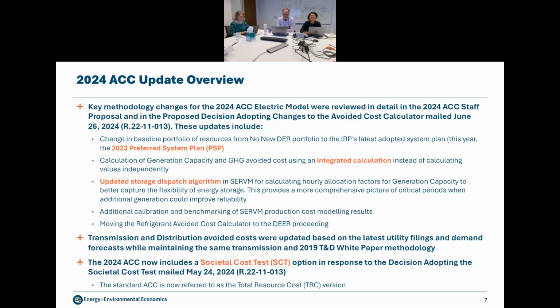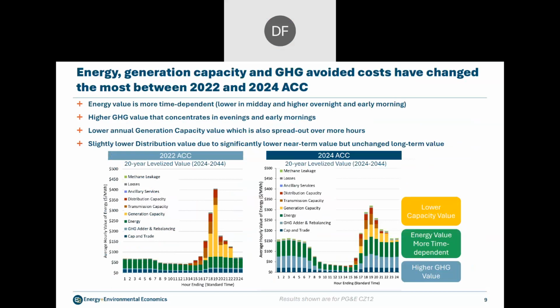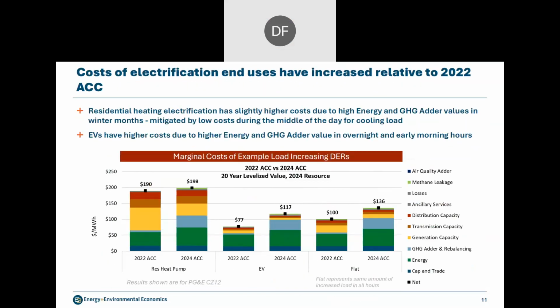My other question is about the load increasing DERs. I've been somewhat confused about that for a while since, for the purposes of grid planning, you have load and then you have resources that are procured to serve that load. Like in the integrated resource plan, it's all generating capacity resources.